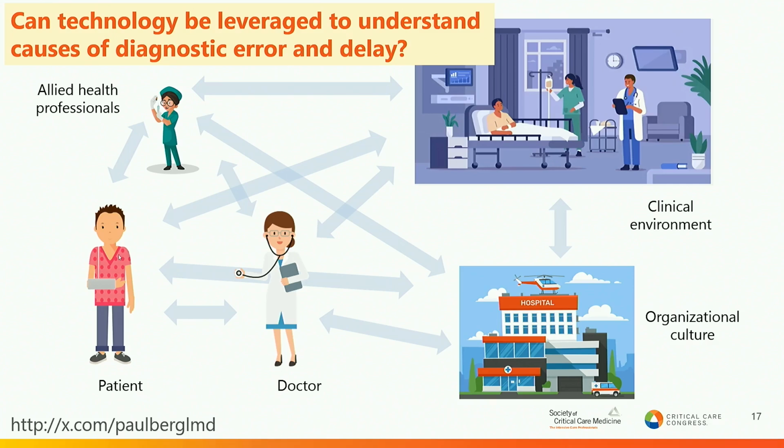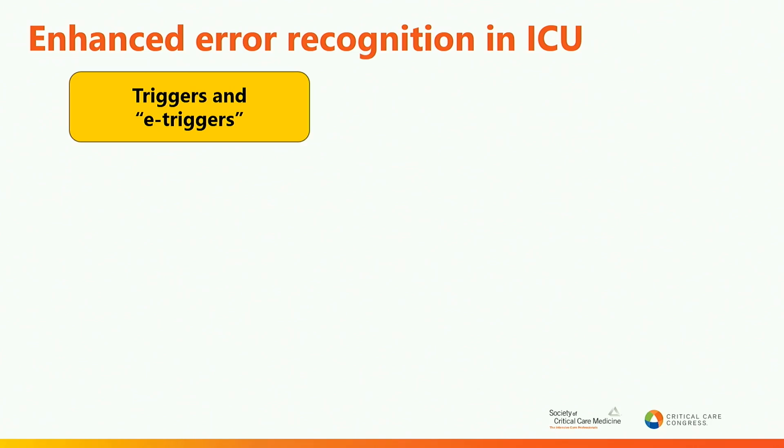All of these parts of this picture are impacting our ability to make accurate diagnoses: the clinical environment, the organizational culture. Are there ways to deploy technology to understand how all these things are talking to each other? Are there ways to use technology to enhance error recognition in the ICU?